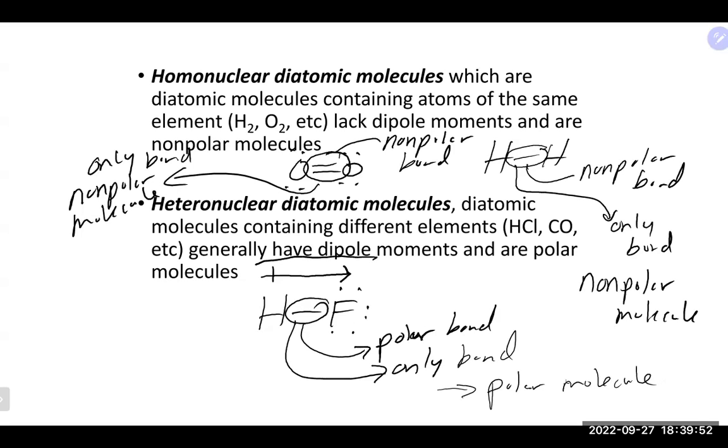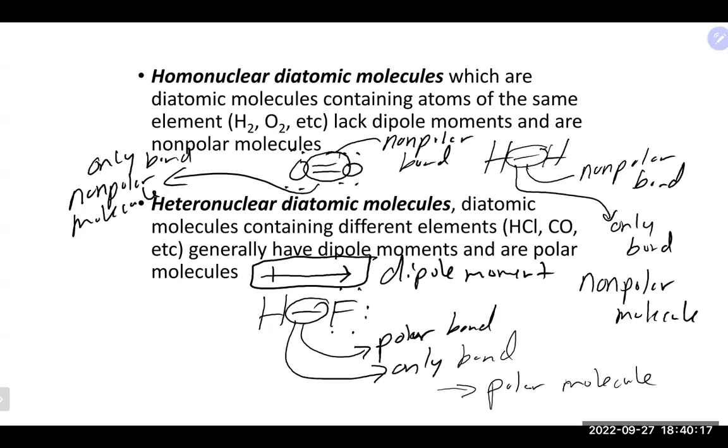And this would represent its dipole moment. The fluorine side of this molecule would be more negative and the hydrogen side would be more positive, because the electrons are hanging out by the fluorine side, making it partially negative, and the hydrogen side partially positive.